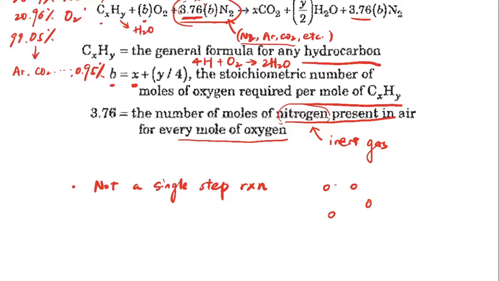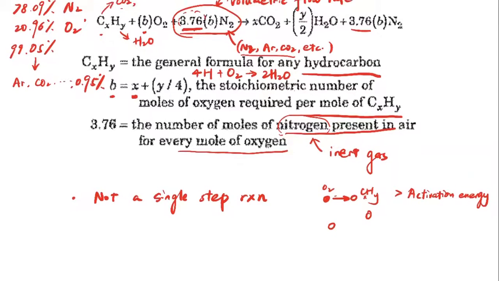For example, this one is an oxygen molecule, this one is a hydrocarbon, right? So we have to let the oxygen molecules collide with the hydrocarbon molecule so that we can have enough energy. And this energy also has to be higher than the activation energy. So basically, this bombardment energy, let's say the kinetic energy, has to be higher than the activation energy in order for the reaction to take place.